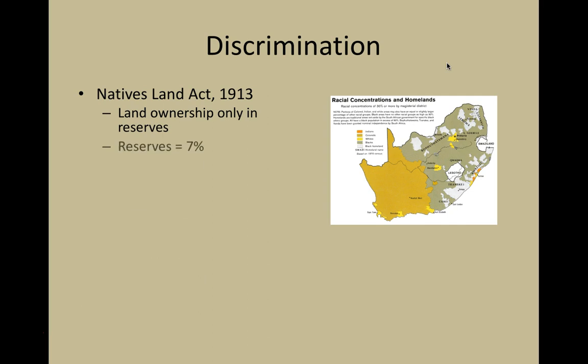Now, the Natives Land Act initially allowed for only 7%, and that's not a typo, 7% of the land of South Africa to be handed to black Africans.